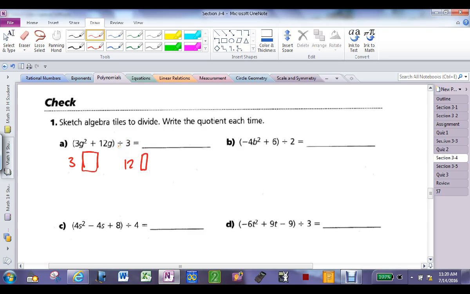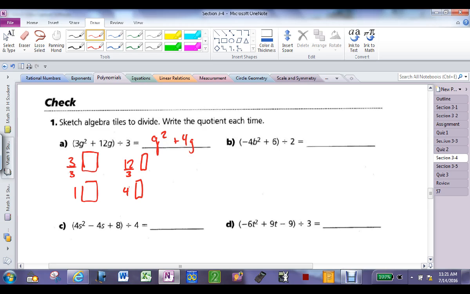Now, cut them into groups of 3. What math cuts this up? Division. So if I do 3 divided by 3, what do I get? 1 box. If I do 12 into groups of 3, what do I get? 4. So what's my answer? G squared plus 4g. Right like that.